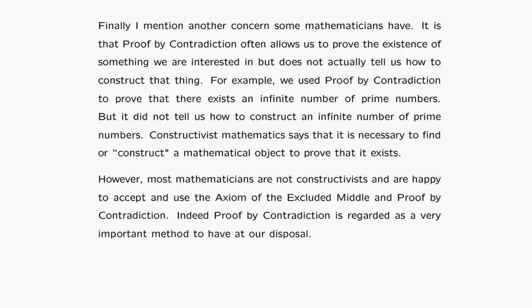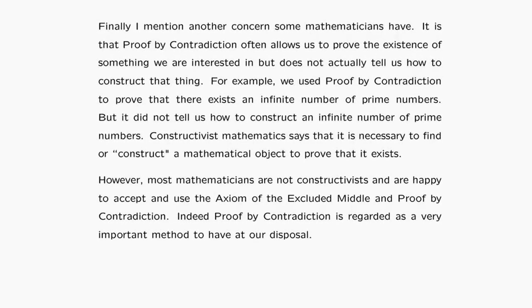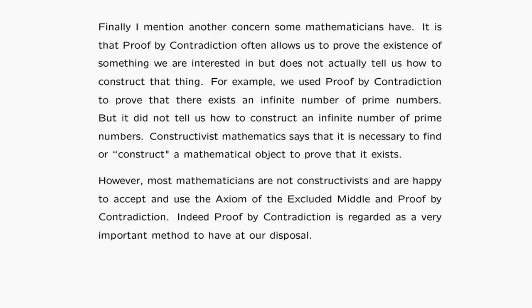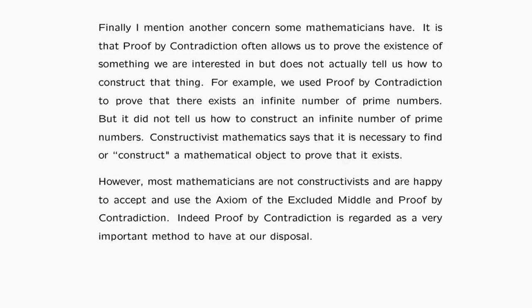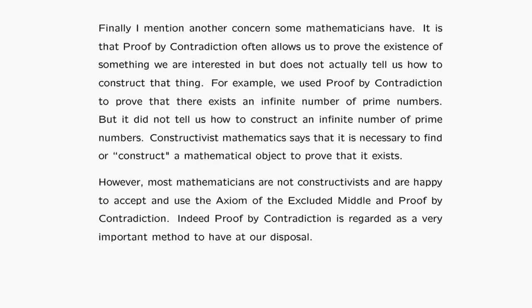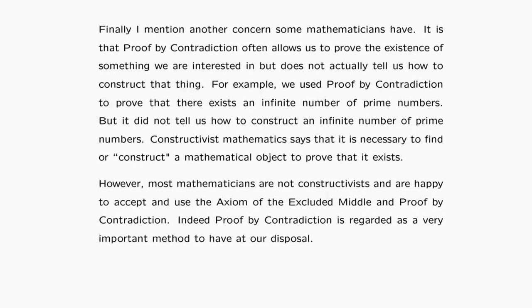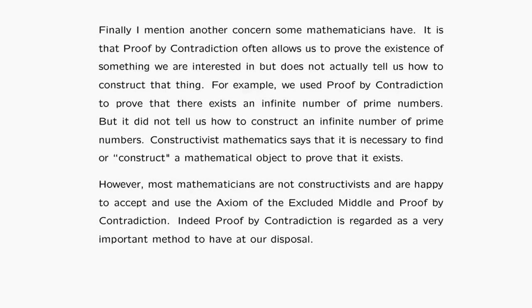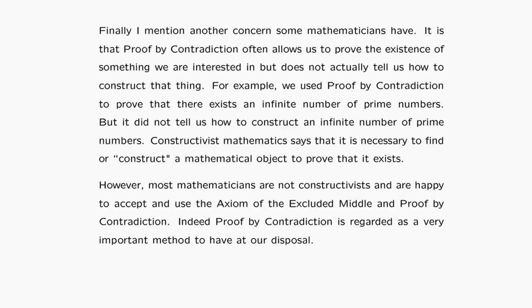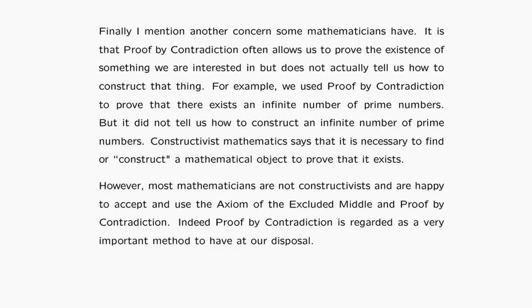But that proof did not tell us how to construct an infinite number of prime numbers. Constructivist mathematics says that it is necessary to find or construct a mathematical object to prove that it exists.